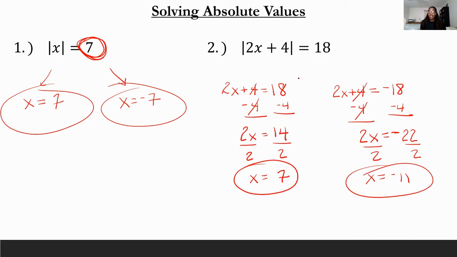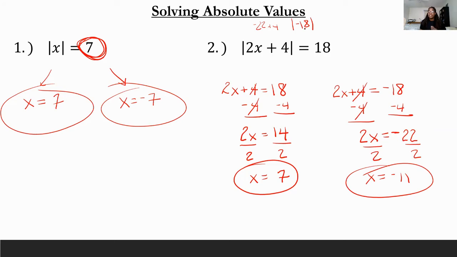If you plugged it right back, if I have negative 11 representing the x, so 2 times negative 11 gives me a negative 22, and negative 22 plus 4, that gives me my negative 18, but take a look. It's still inside the absolute value.